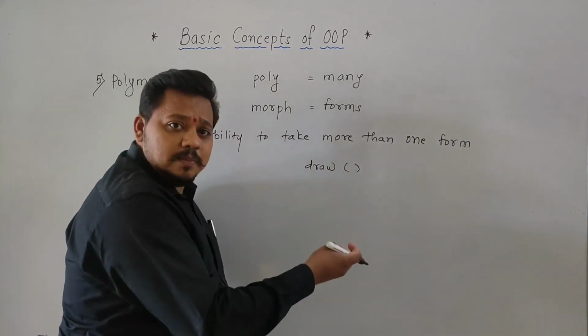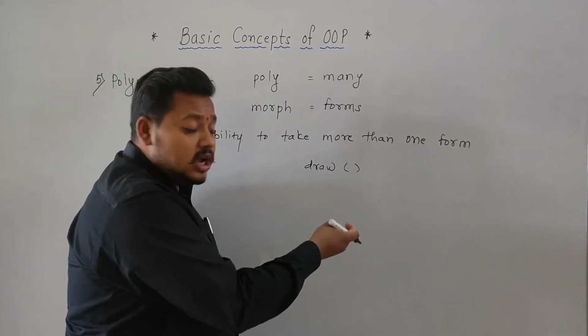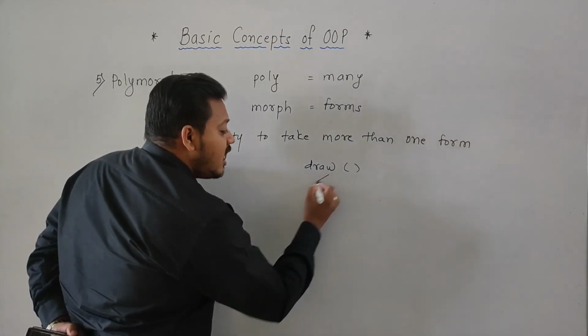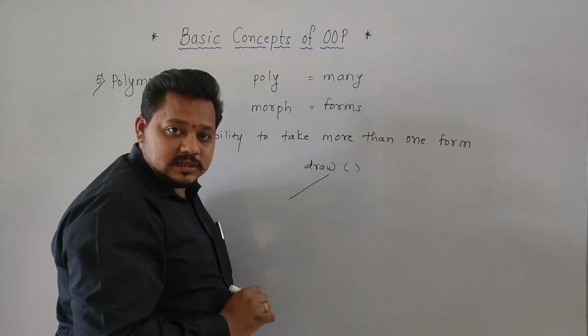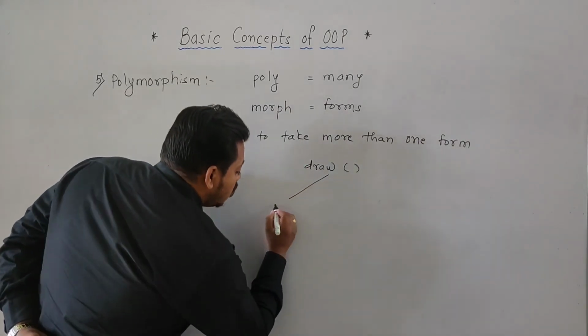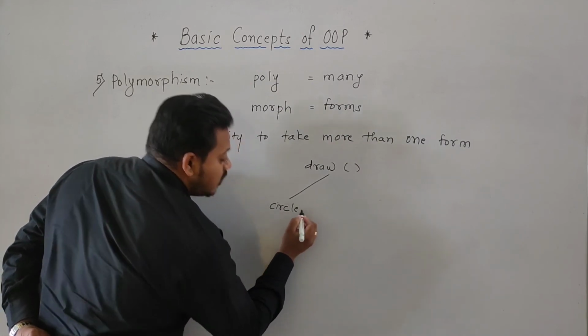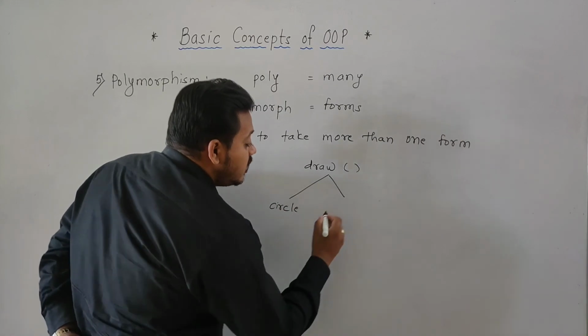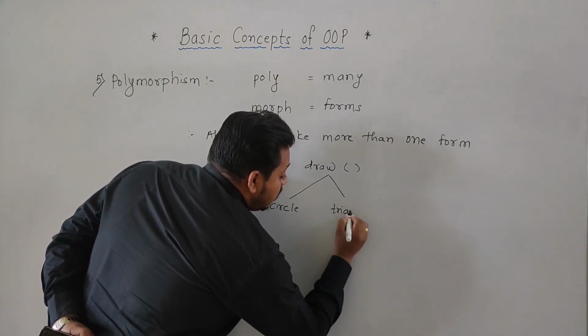Whatever shape it is going to draw is decided by the parameters. Now suppose I provide only two parameters, that is the starting coordinate and radius, then it is going to draw a circle. Suppose I provide three parameters, then it will draw a triangle.